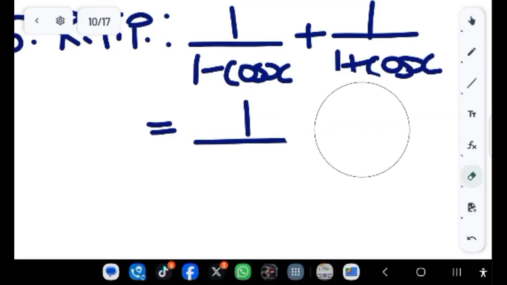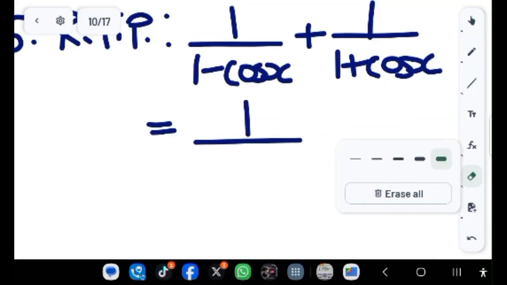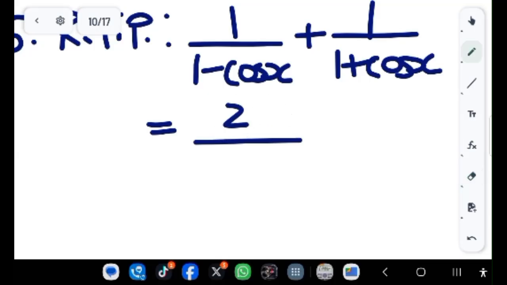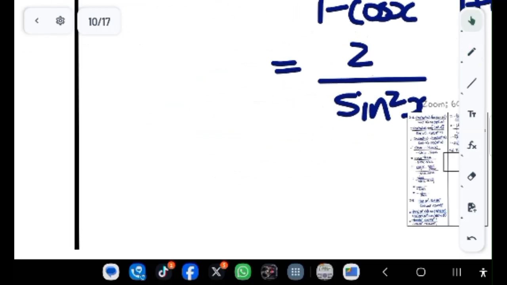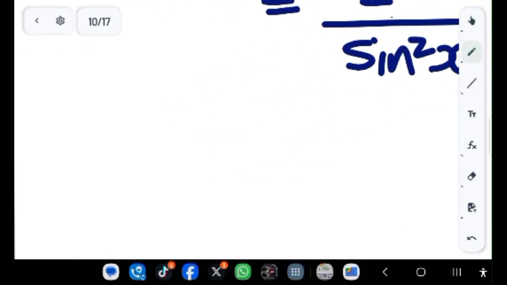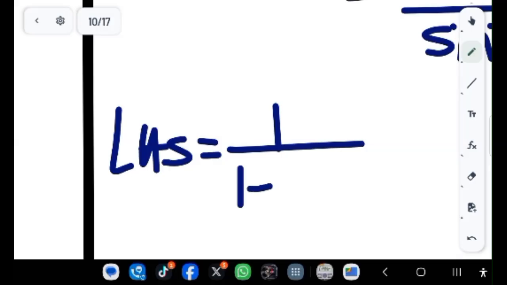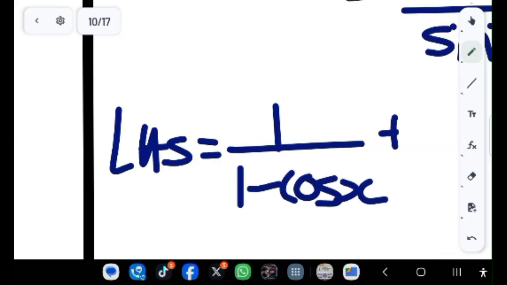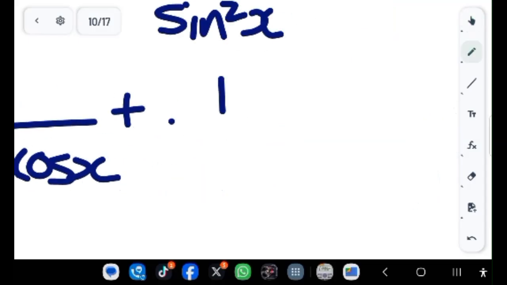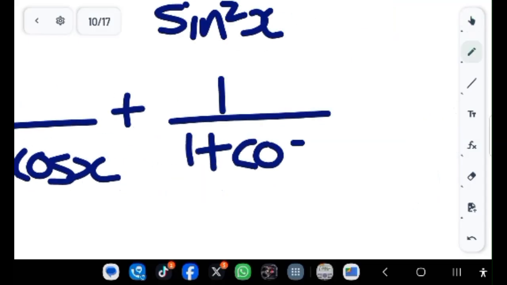I just want to have that in front of me. All right, the left hand side equals 1 over 1 minus cos of x plus 1 over 1 plus cos of x.